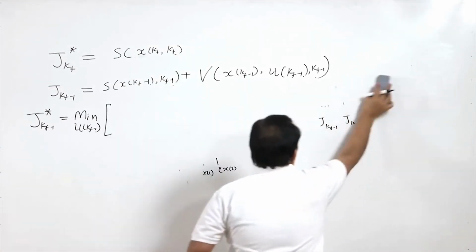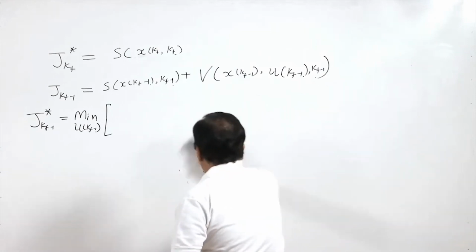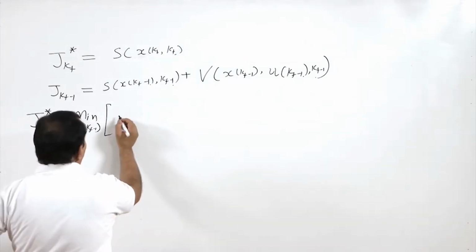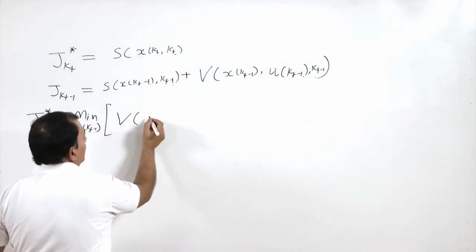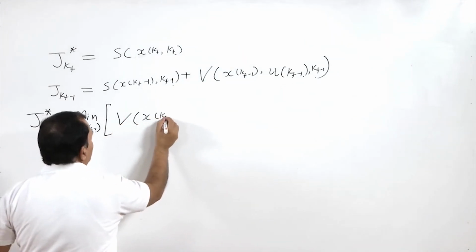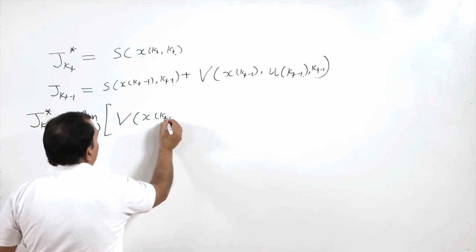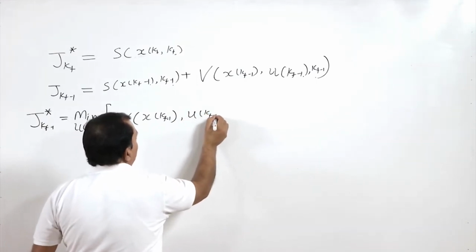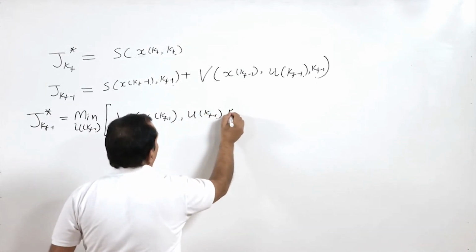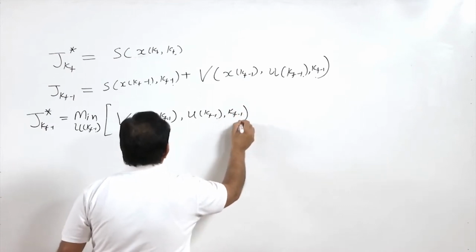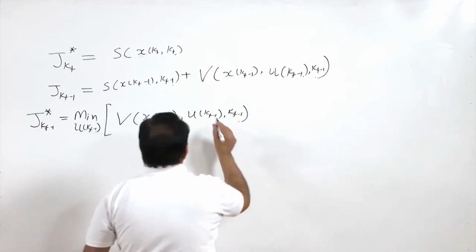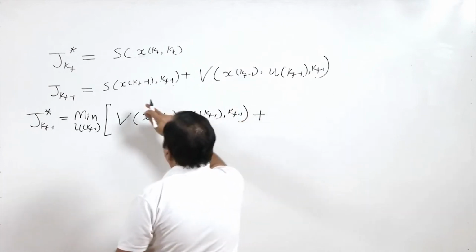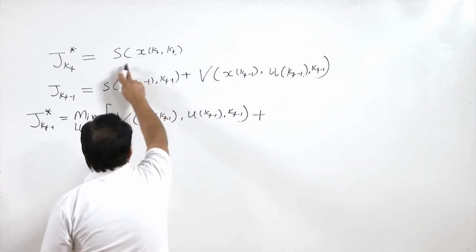So, this I am rubbing. I can write this simply as V x of Kf minus 1 U of Kf minus 1 and Kf minus 1. This term plus what is the S Kf minus 1, Kf minus 1?